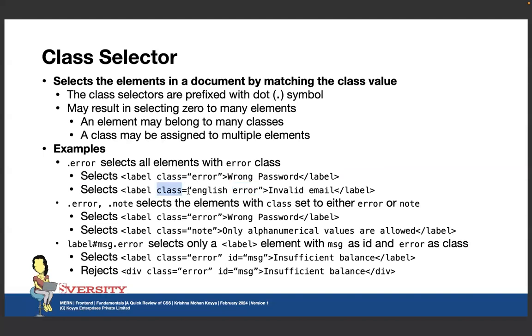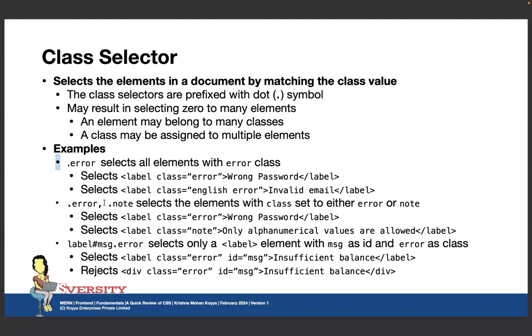Observe here, an element can have multiple classes separated by space. .error only says that as long as an element has error as one of its classes, it selects. So that's why both of these are selected.